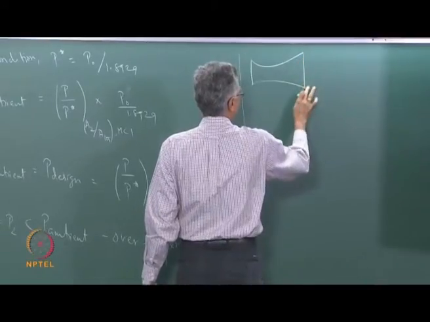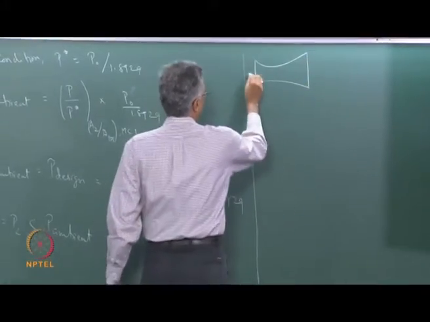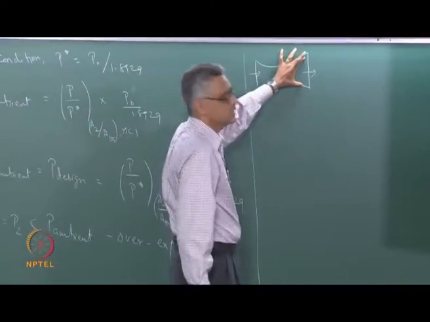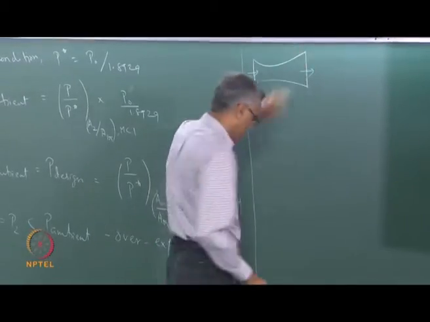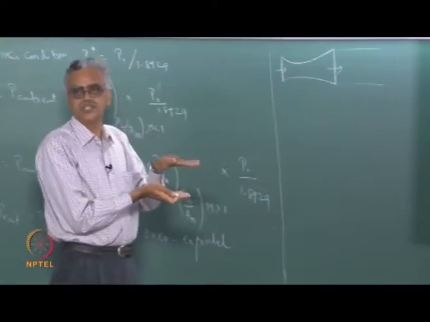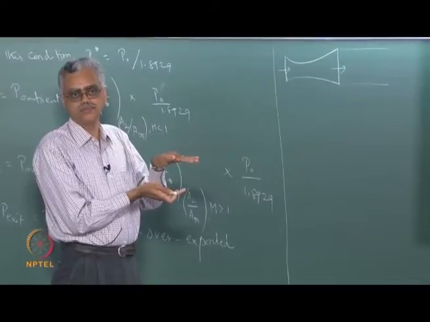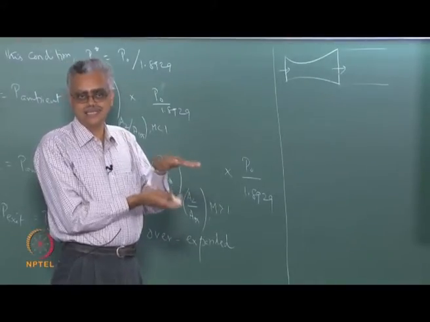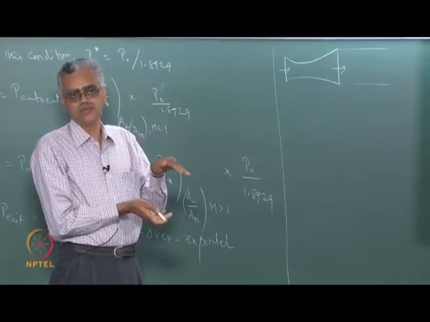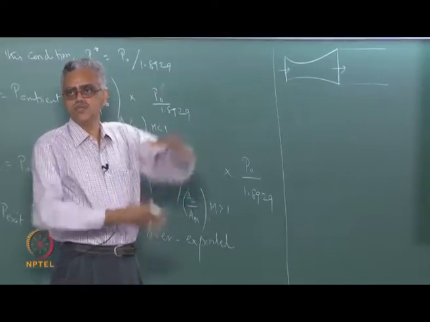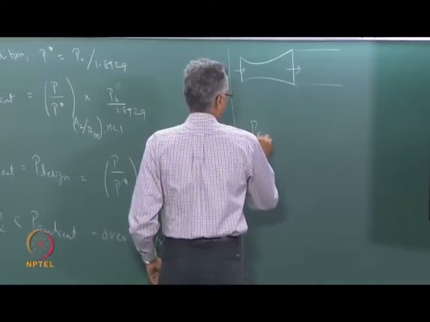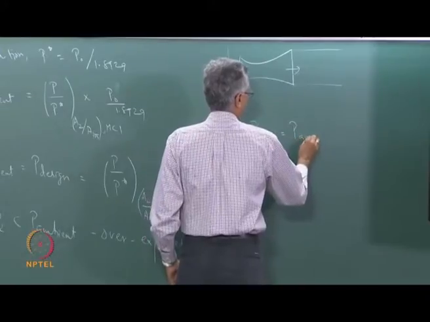We will discuss the structure of the jet in much greater detail in the subsequent chapters, but for now, if P exit is equal to P ambient, the jet comes out like this. The diameter of the jet is equal to the exit diameter, and if P exit is more than P ambient, then the flow has to be expanded outside, so the jet swells. Expansion means swelling. So this corresponds to the case when P exit is equal to P ambient.